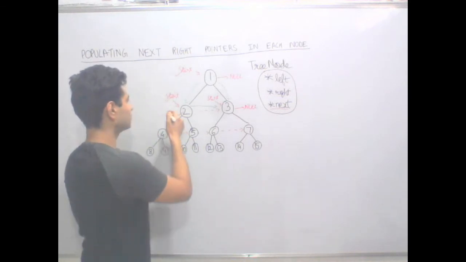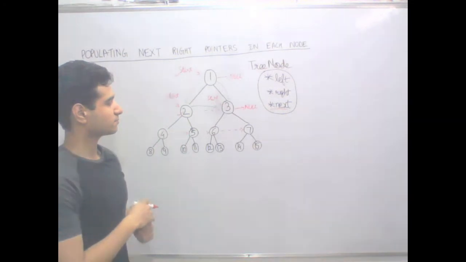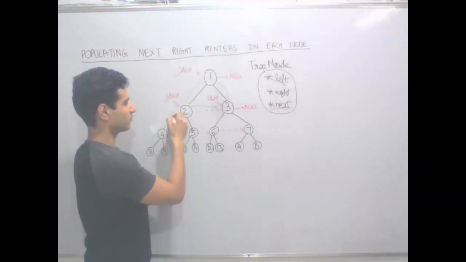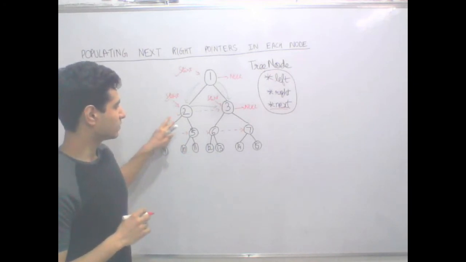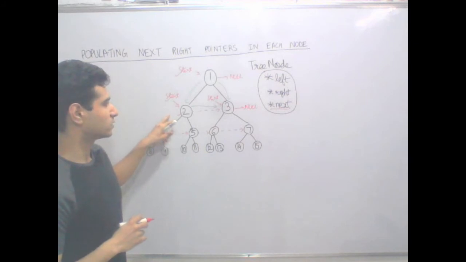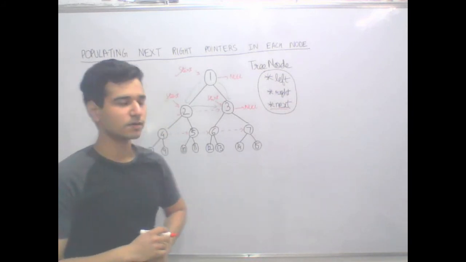Now we will again go to the start node. We'll go to its next left pointer now. We'll always keep a pointer pointing to where we started this level, right?